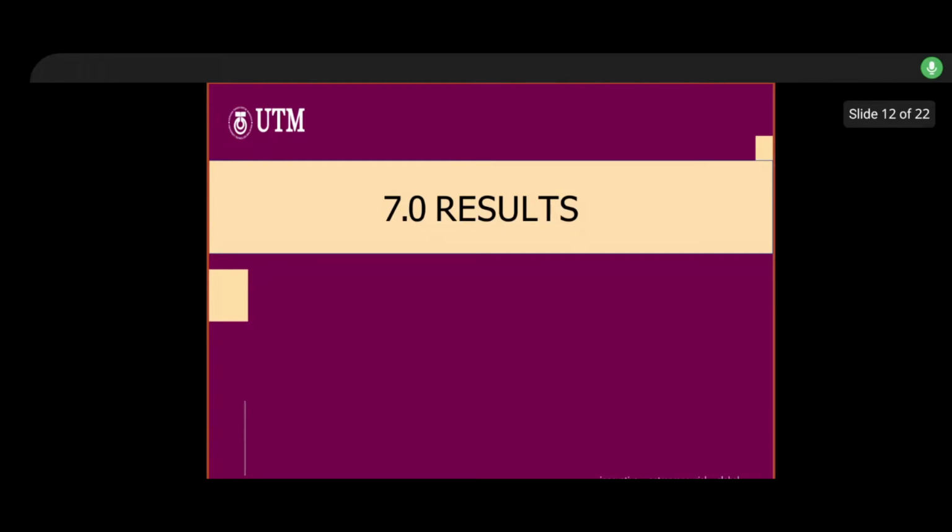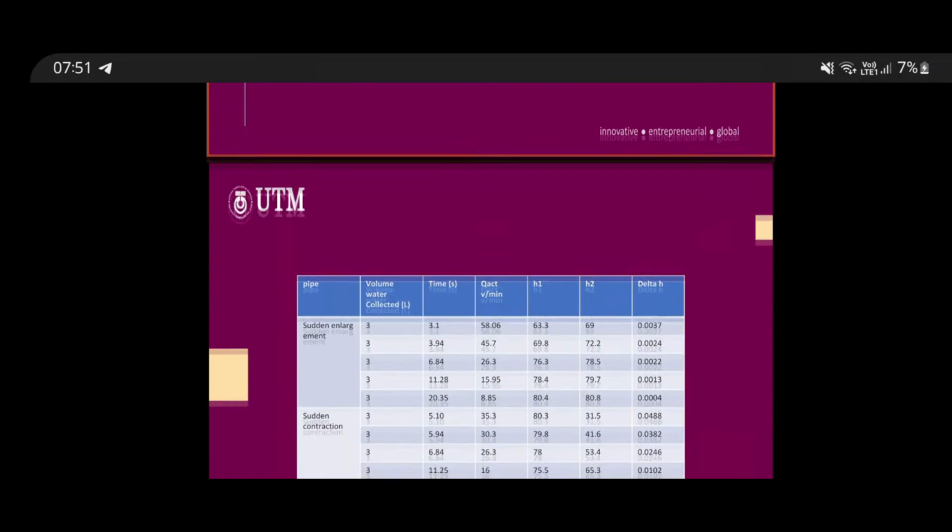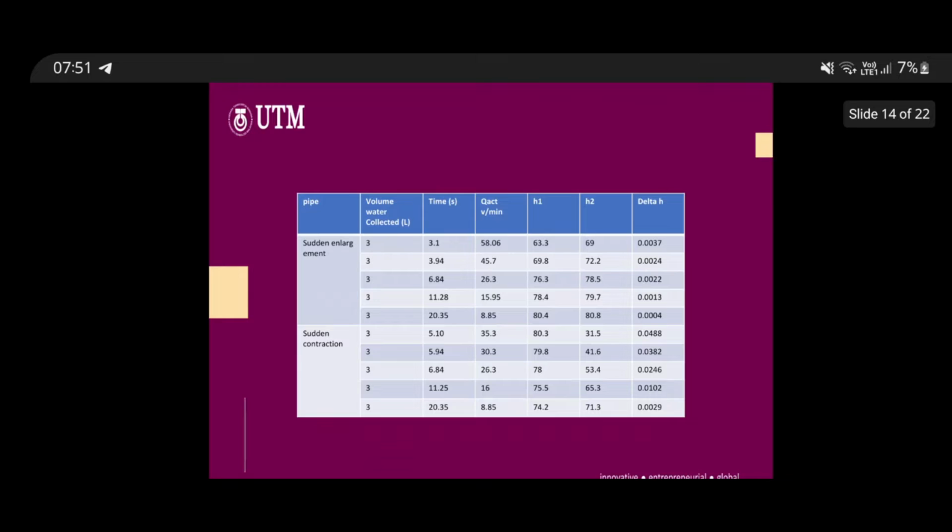Okay, so for the results, here we have the first table, which is the sudden enlargement and the sudden contraction. At the first one, the pipe is fully opened, so you can see here that the 3 liters were filled in just 3.1 seconds.